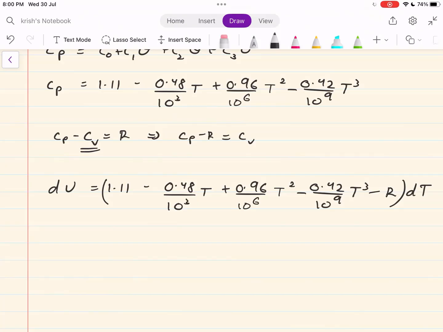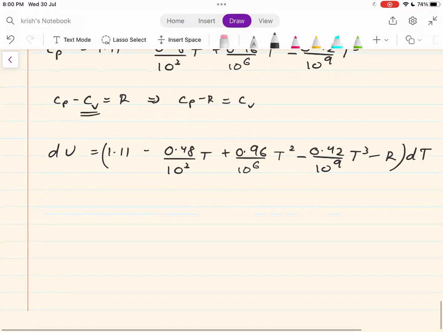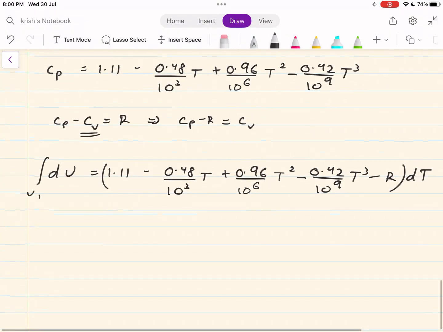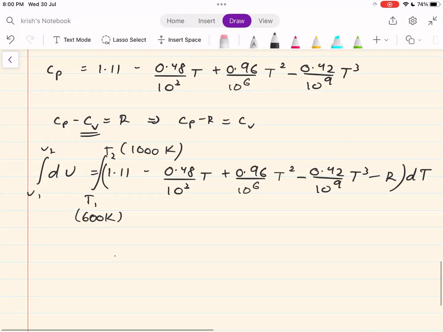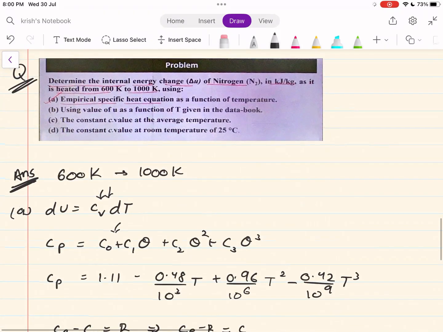Now we want to find change in internal energy, right? And to find change in internal energy, we will simply integrate this from T1 to T2, where T1 is 600 Kelvin and T2 is 1000 Kelvin, and you will get delta U to be 331.128 kilojoule per kilogram. That was the first way of using Cp, Cv, using the empirical relationship that I have told you about from table 8.6.